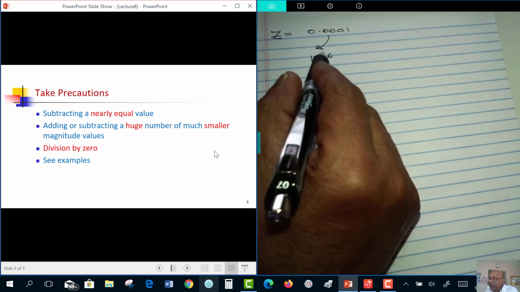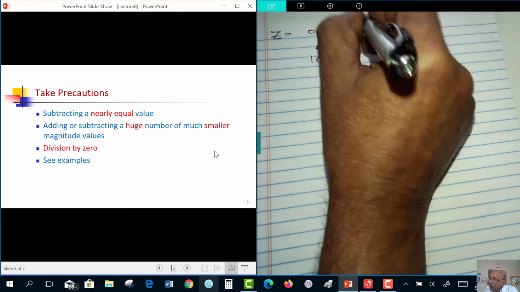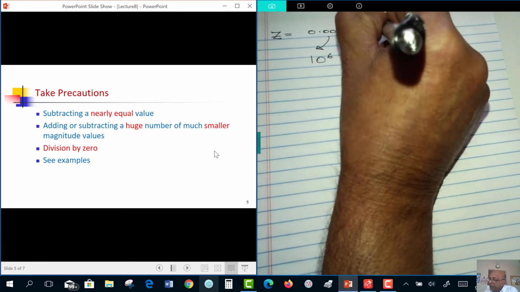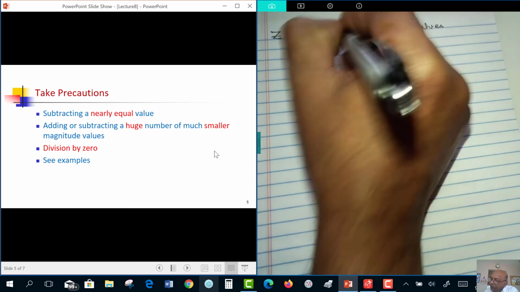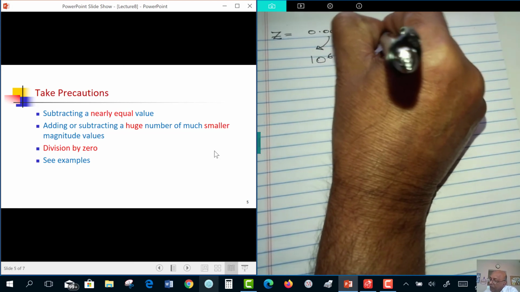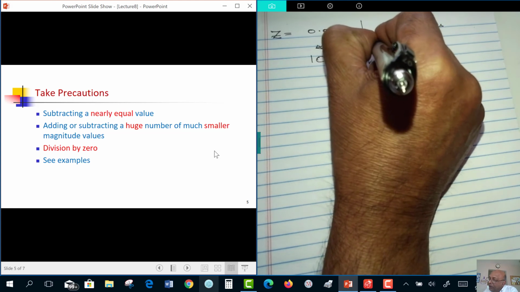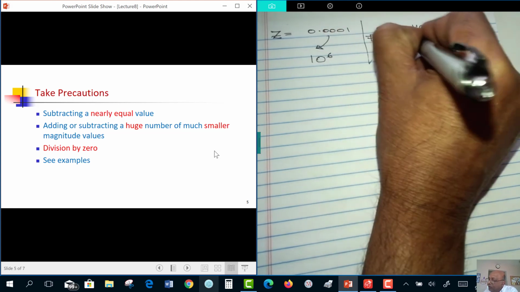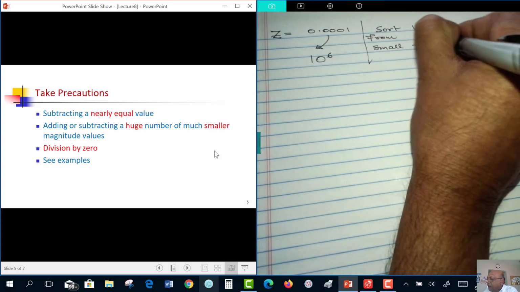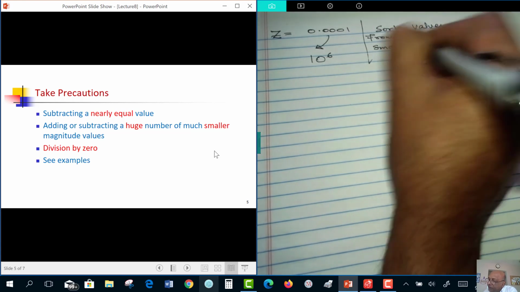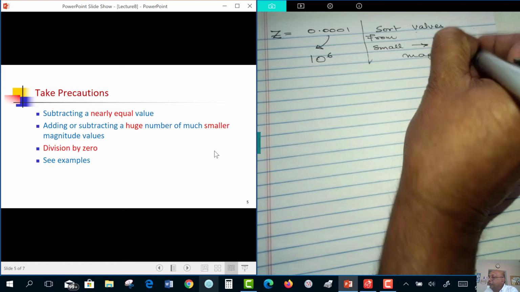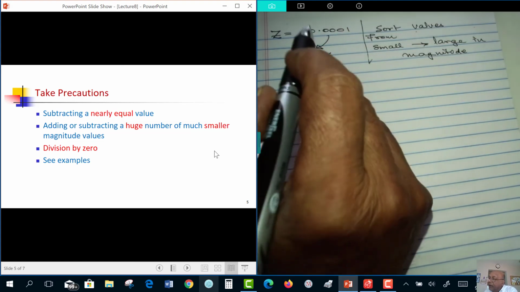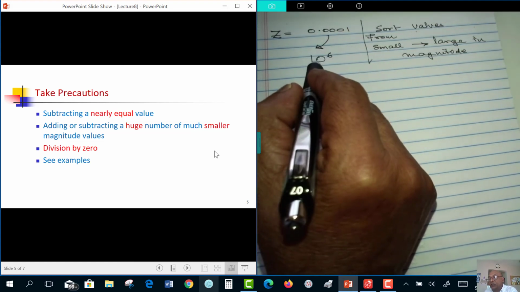So what you want to do is sort your values from small to large in magnitude before you add them up. Otherwise, you're going to lose precision.